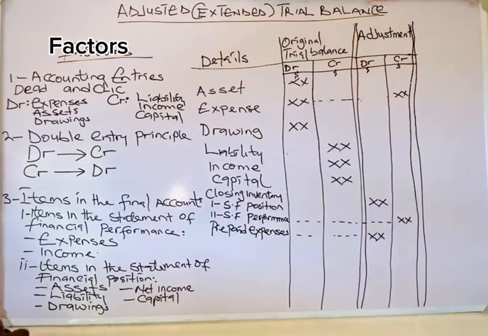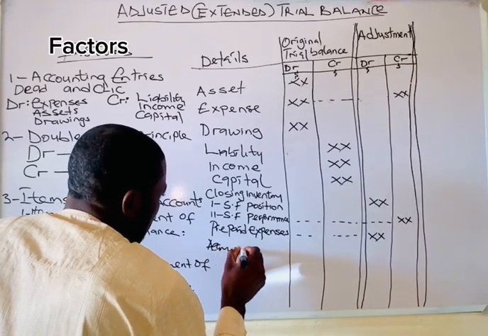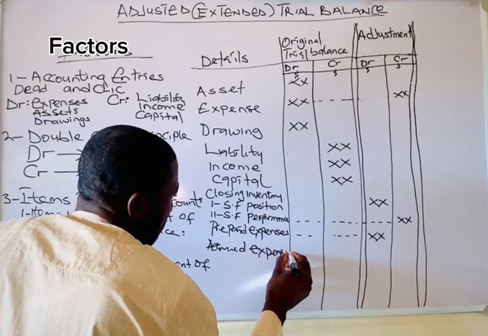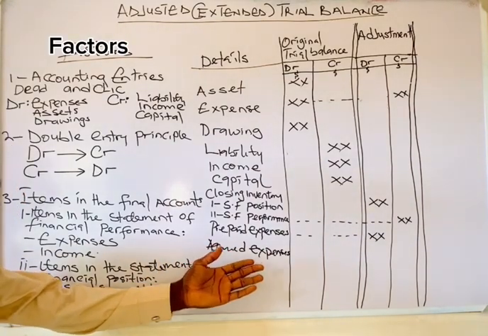So let's assume again we have another adjustment, say accrued expenses. This accrued expense is the opposite of prepaid expenses. It is a liability.